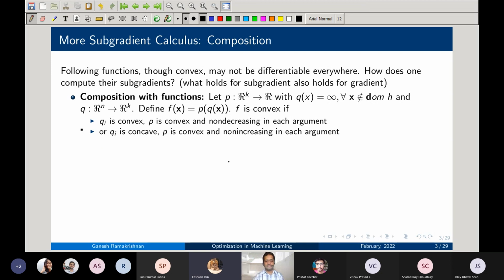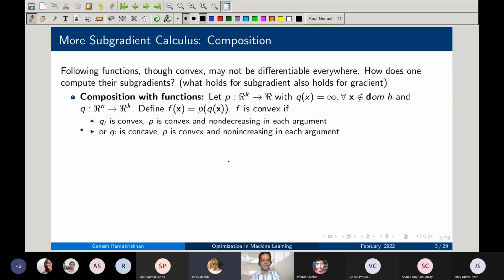So Q of x is a vector Q1 to Qk of x. We can let's say each of these Qi have a subgradient Gi belonging to its subdifferential, and then we can use the basic definition that f(y) is greater than or equal to f(x) plus h transpose (y minus x), and follow up with that.